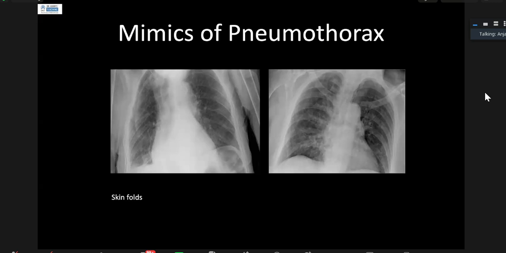It may be either a normal structure or a pathology, or because of some changes to the technical factors, or due to some artifacts sitting on the patient's body. So if you look here, you can see a curvilinear line, sort of a band-like density extending from the top to bottom of the lung. Now it looks very different to the thin, white, crisp line of pleura that we have seen till now.